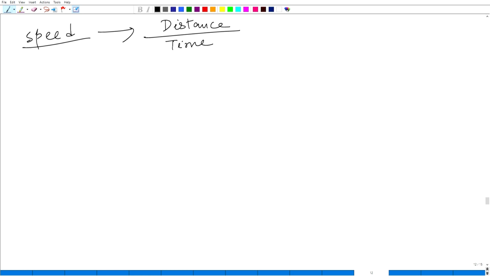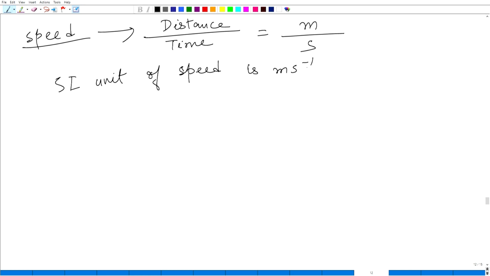So, how will we derive the unit of speed? The unit of distance is meter and the SI unit of time is second. So, the SI unit of speed is meter per second.